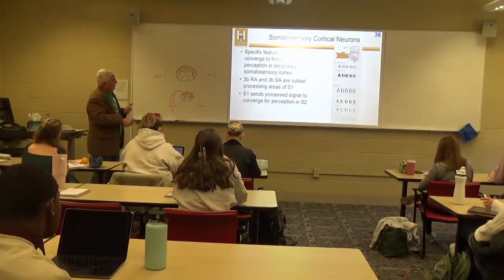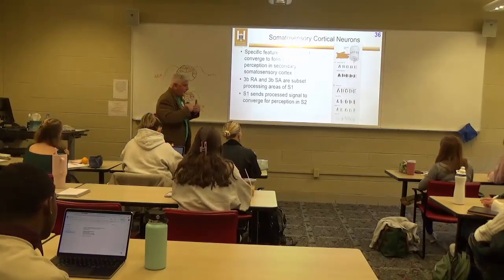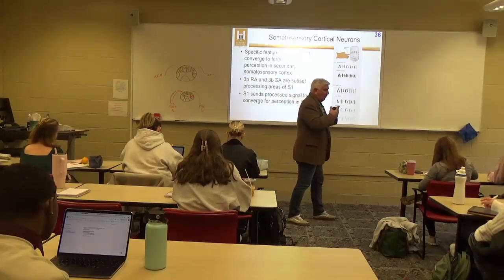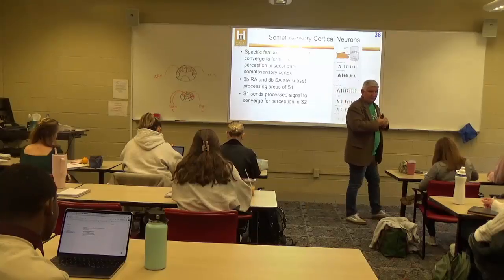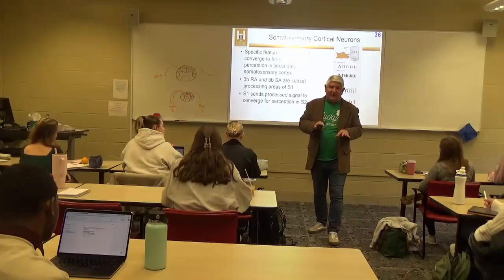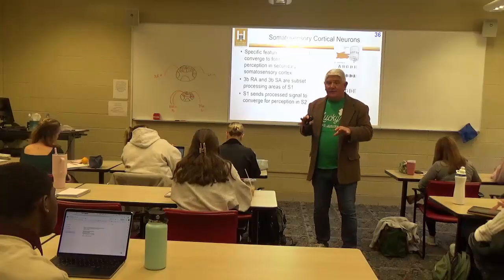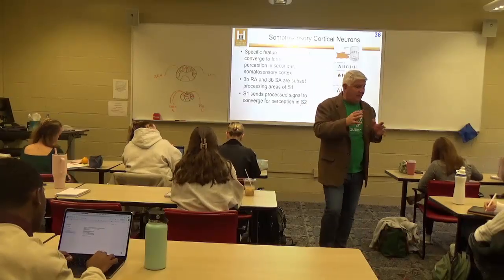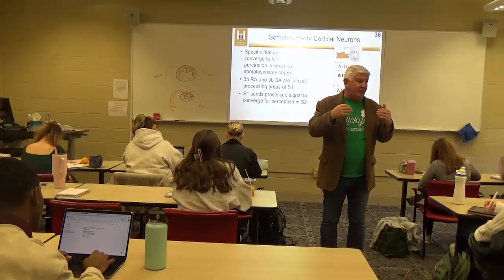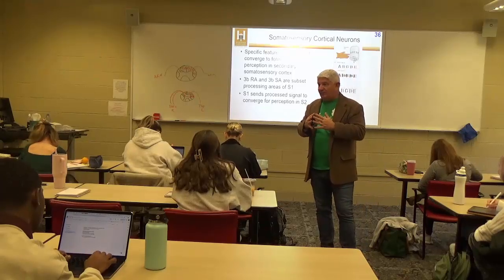And so we have those feature columns in S1, and those feature columns are getting combined into that overall perception in S2. So that's the main difference between primary and secondary somatosensory cortex: primary is still organized by slow and rapid adapting columns, features, and those columns are coming together in secondary S2 to generate our overall perception.